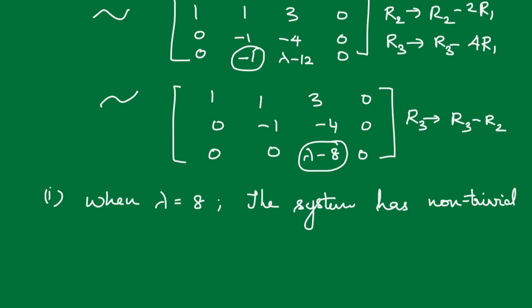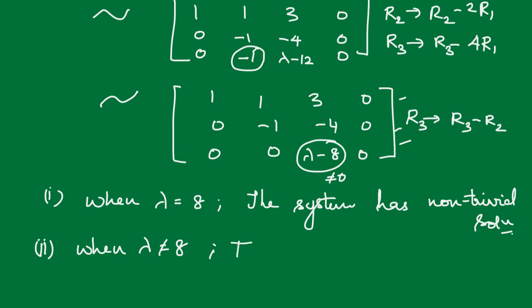It has a non-trivial solution only when lambda is equal to 8 and this element becomes 0. When lambda is not equal to 8, this is not equal to 0, then the number of non-zero rows becomes 3 and the system has only the trivial solution. Only for homogeneous equations do we give the names trivial and non-trivial solution.